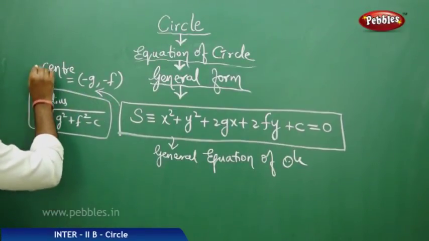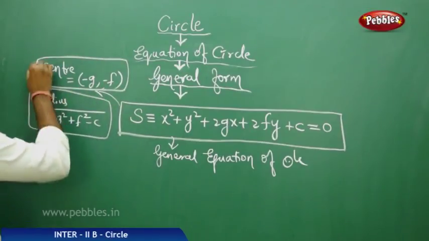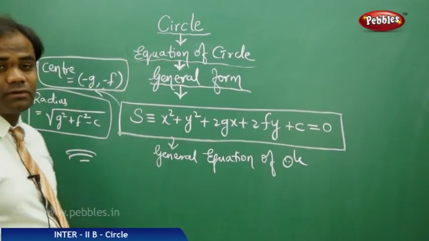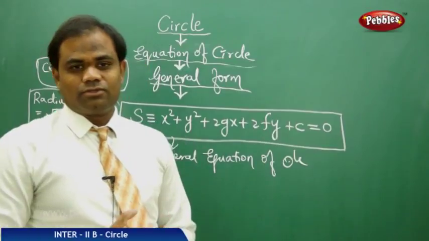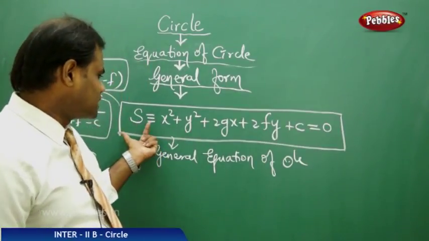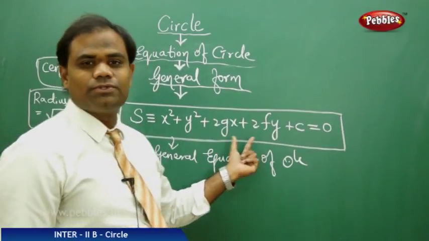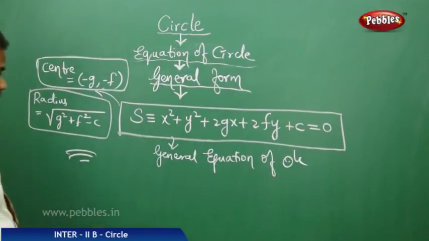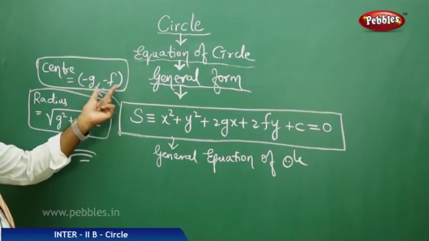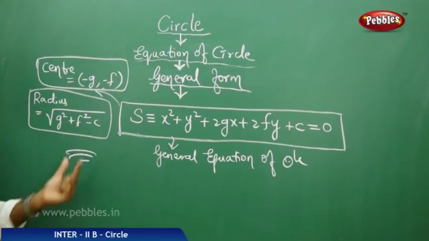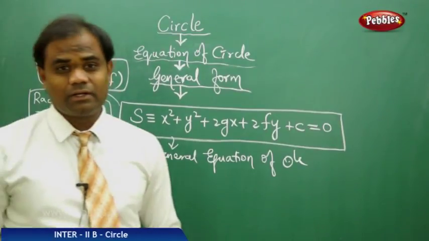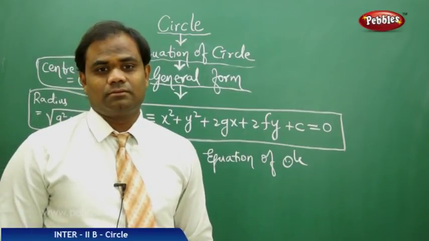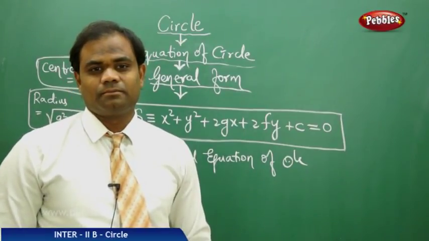So these are the two basic formulae I have for the general equation. For the equation of a circle in general form, x squared plus y squared plus 2gx plus 2fy plus c equal to 0, the center is (minus g, minus f) and the radius is root of g squared plus f squared minus c.